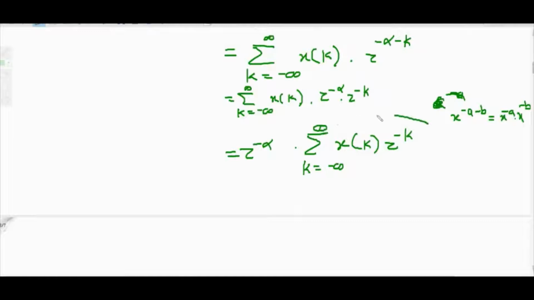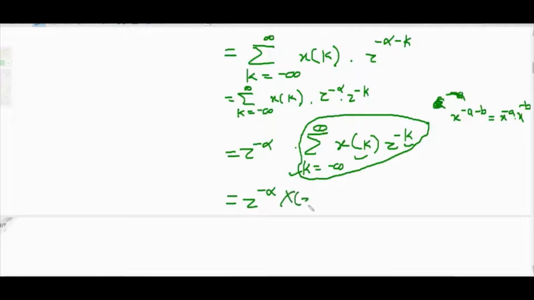Instead of n, we have variable k; in place of n, all three places we have k. So this is also x of z. This becomes z raised to minus alpha x of z. So this is the z transform of x of n minus alpha, which is the time shifting property. Hence proved.